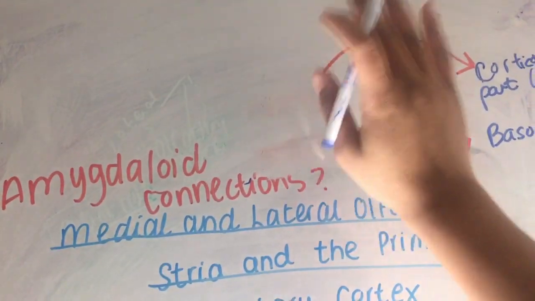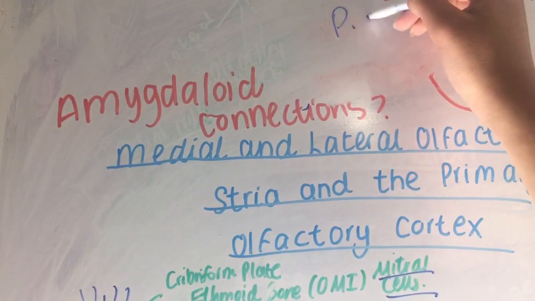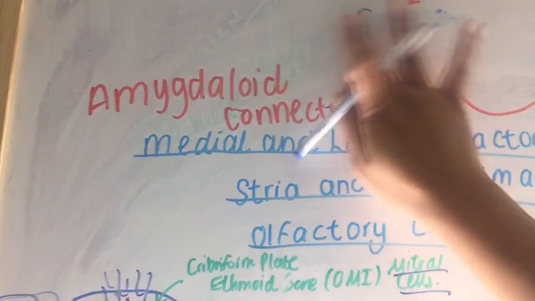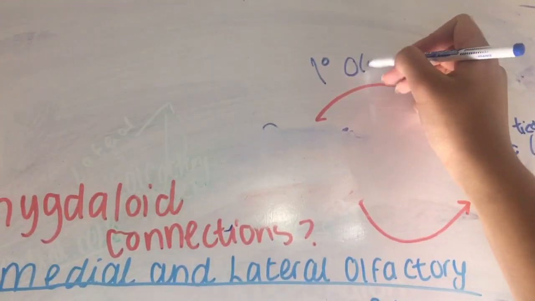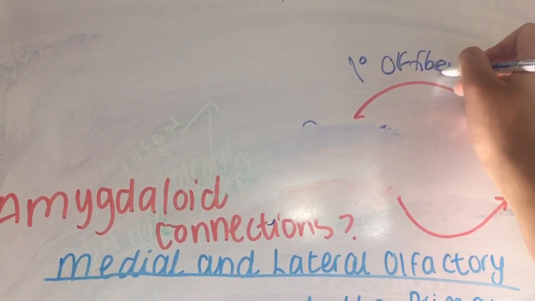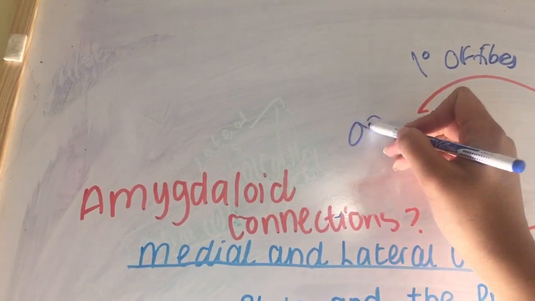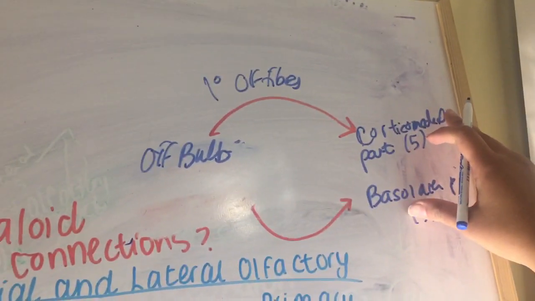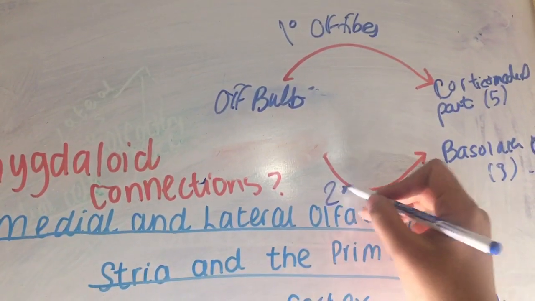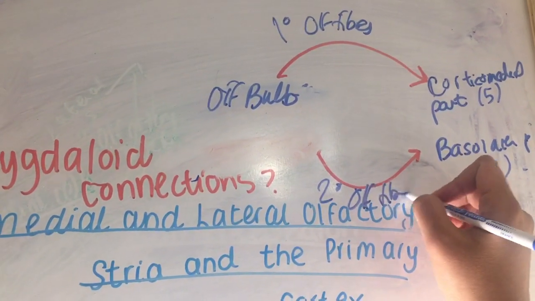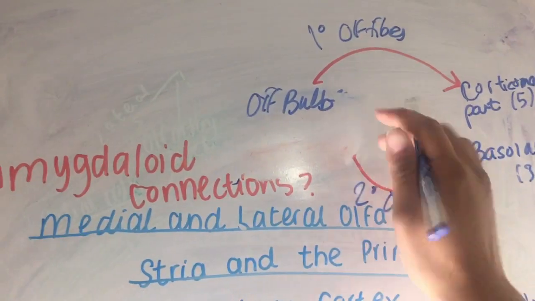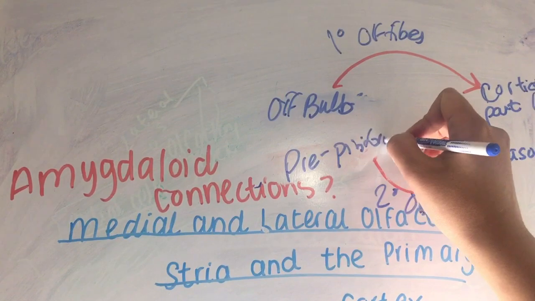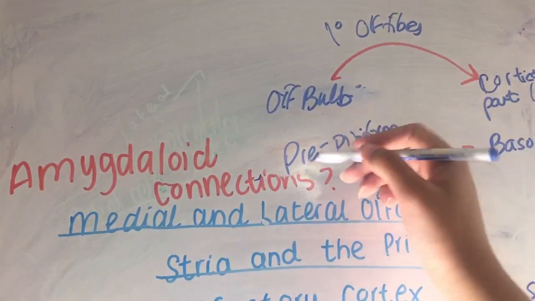But for the time being, all you need to remember is that the primary olfactory fibers went from the olfactory bulb to the cortico-medial part of the amygdaloid body, and the secondary olfactory fibers went from our pre-piriform cortex to the basolateral part of the amygdaloid.